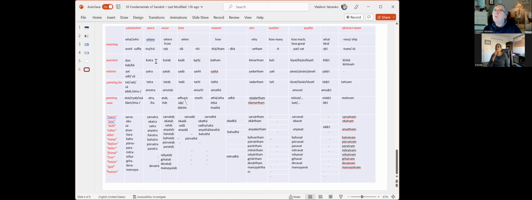So it corresponds to two different cases: the locative case, location, and the accusative case as the object, where you go. The tra suffix substantive otherwise belongs to the nominative case, the first case, prathama vibhakti: who, what.